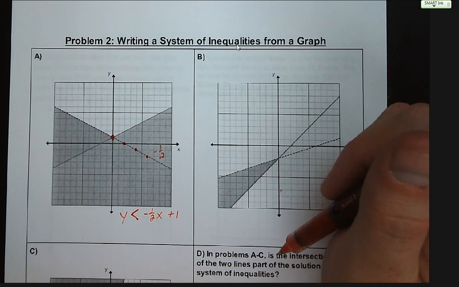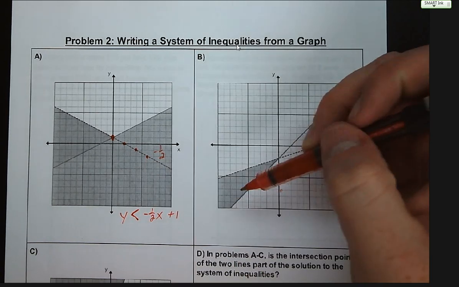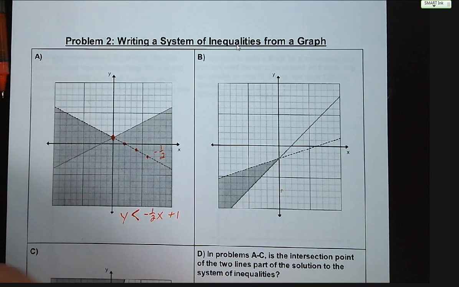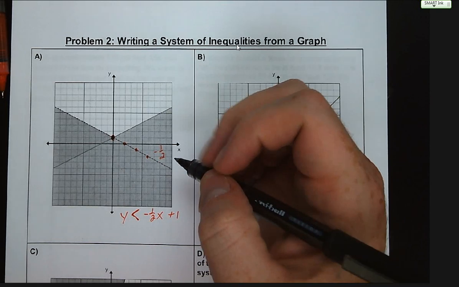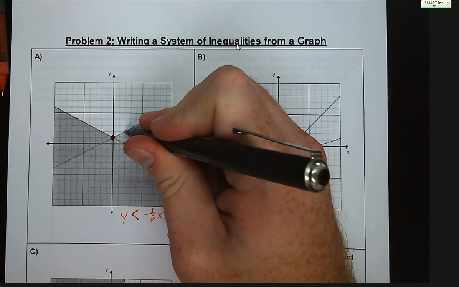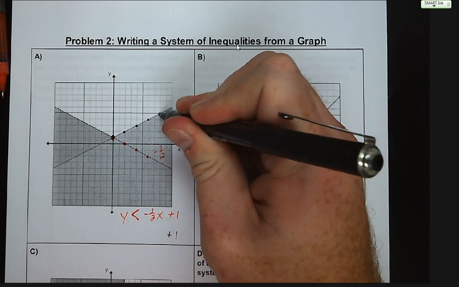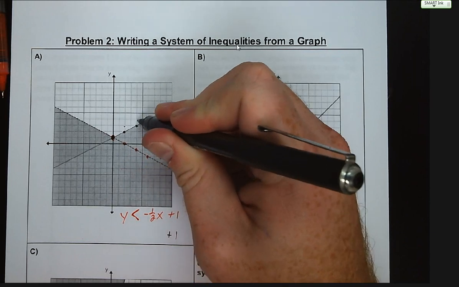So y is less than -1/2 x plus 1. That is our first line, the first one we have graphed there. Our second equation has the same y-intercept, so we can say +1. And looking at its pattern, it looks like I have a slope of +1/2. I'm going up 1 and to the right 2 each staircase I take.